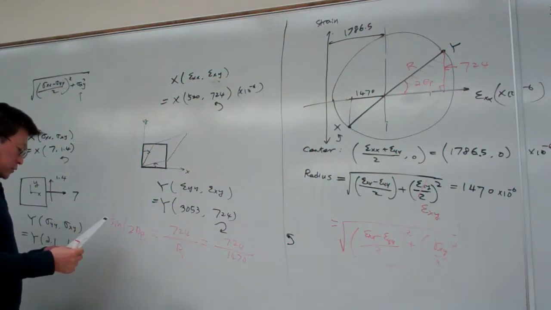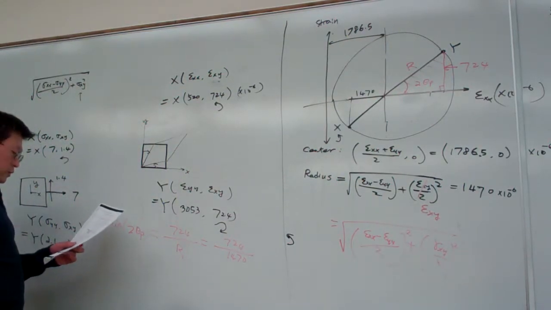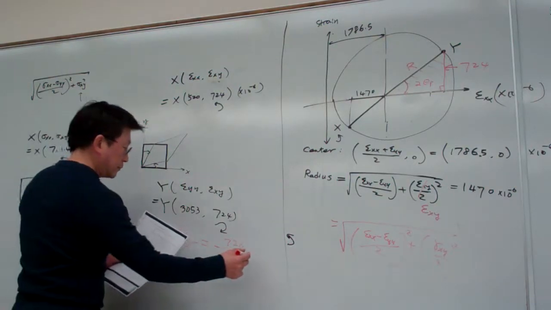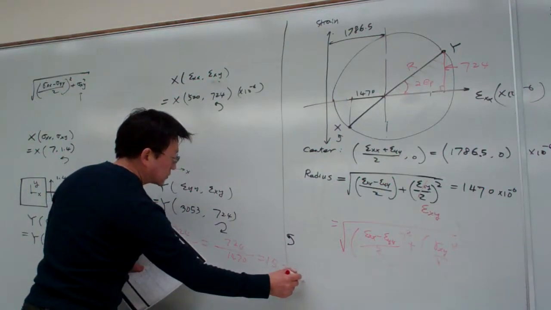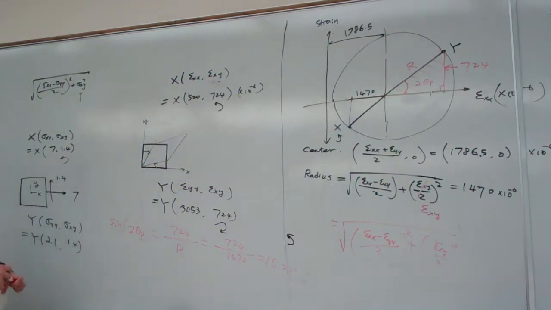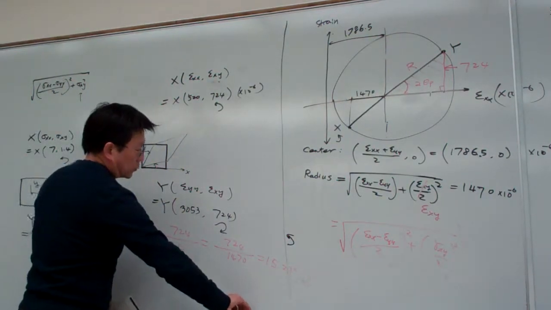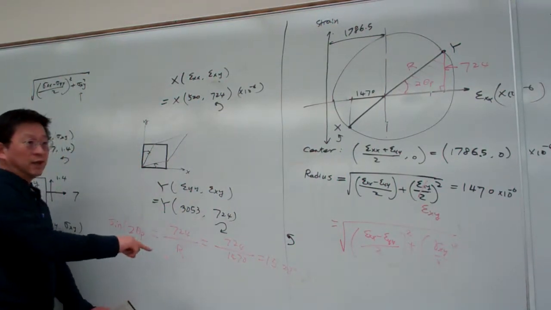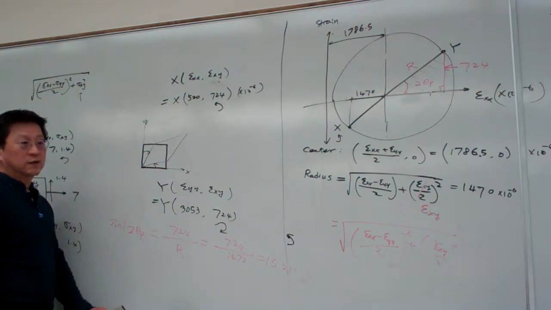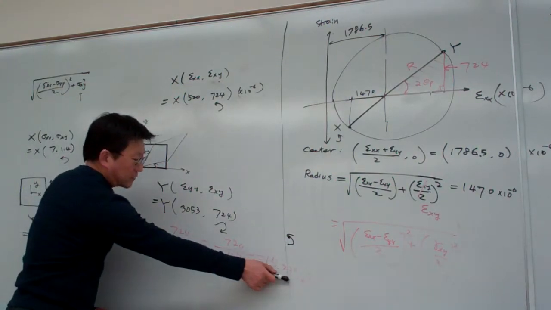By these calculations, this one will be equal to 15.23, and this is clockwise. Compared to our previously calculated principal direction for stress, which is about 14 something, for strain that is 15.